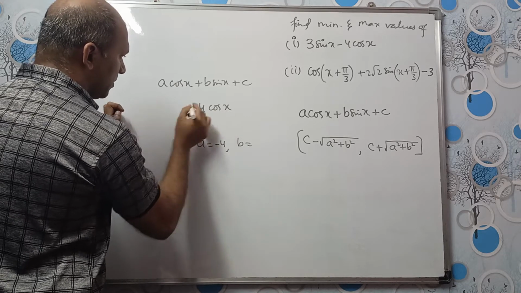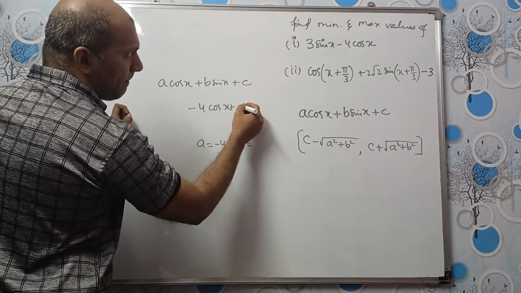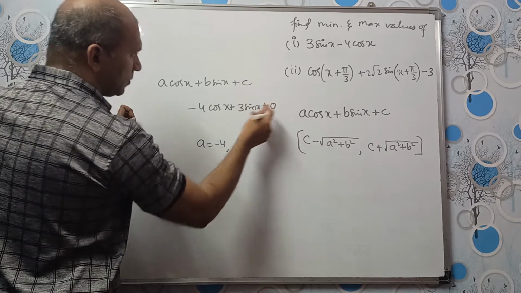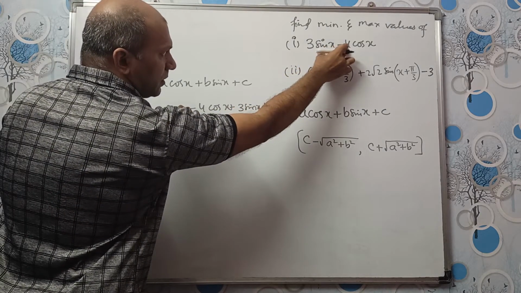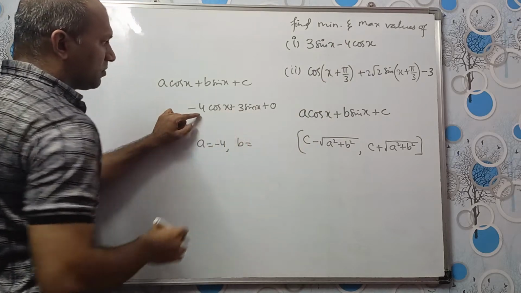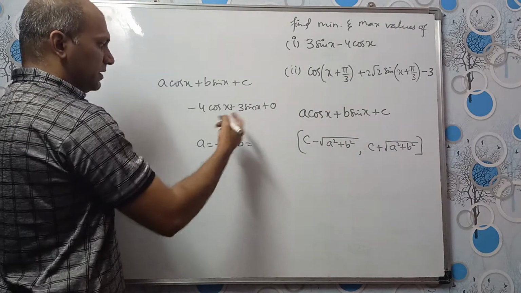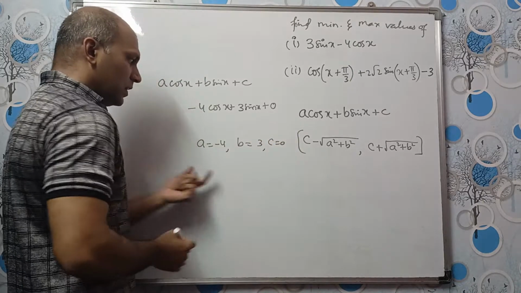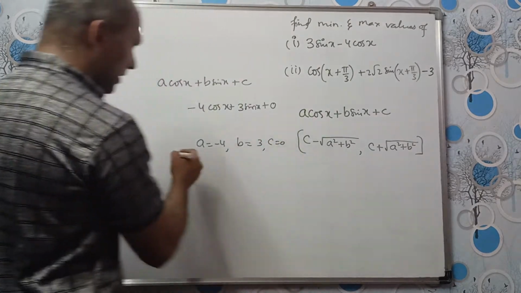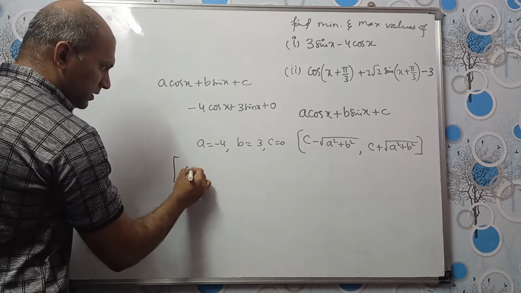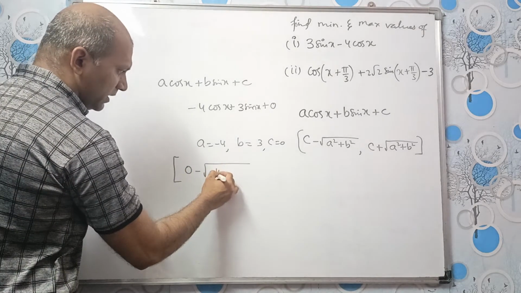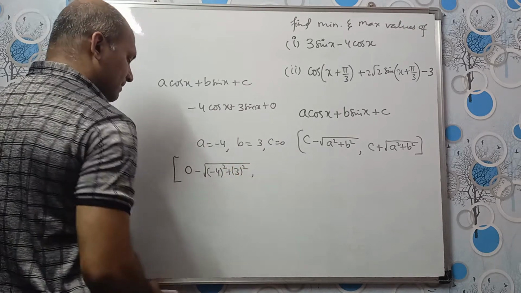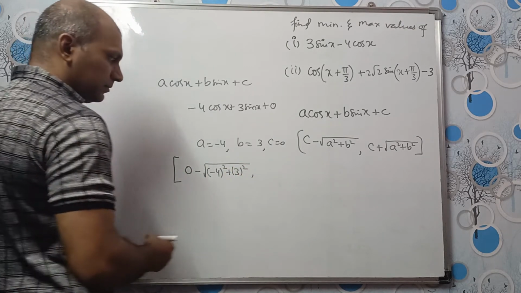Or we can write it as minus 4 cos x plus 3 sin x. c is 0. This given function, we are writing it like this: minus 4 cos x + 3 sin x + 0. So a is minus 4, b is 3, and c is equal to 0. Substitute here. c is 0 minus root of (minus 4)² + 3². Okay, this is the minimum value.